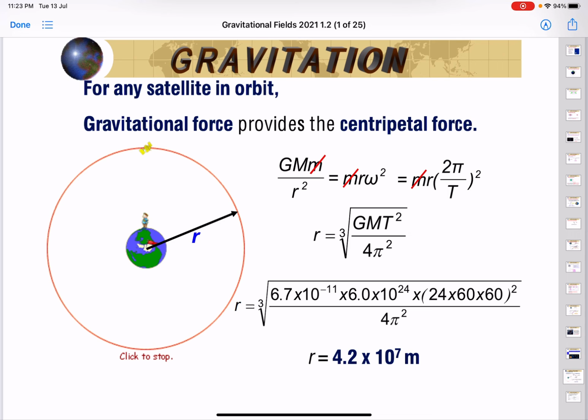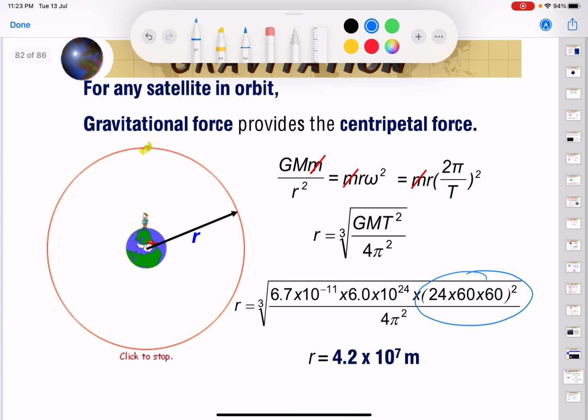Put in the values for period. For a geostationary satellite, we want the period to be 24 hours, because we know that the Earth rotates about its own axis once in 24 hours. So the period here is just the period of rotation of the Earth. And we find that the geostationary satellite has to be in orbit at a distance of 4.2 times 10 to the power of 7 meters from the center of the Earth.